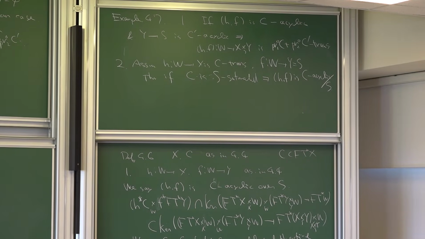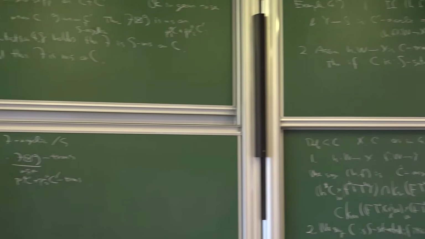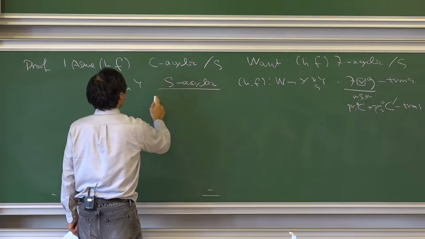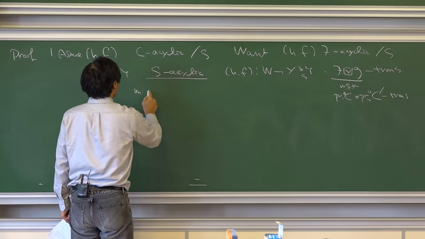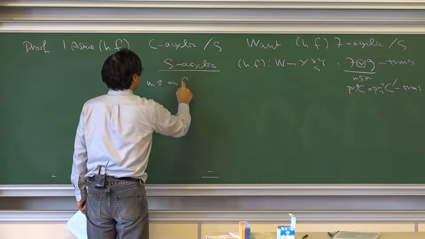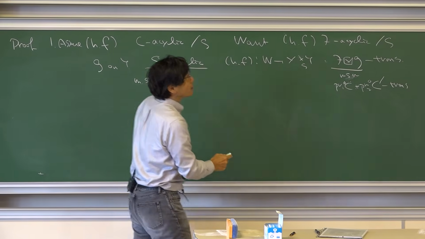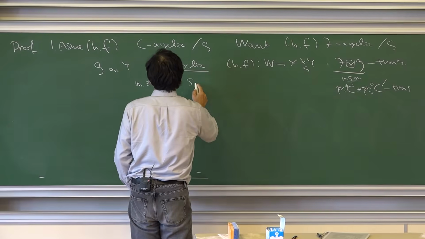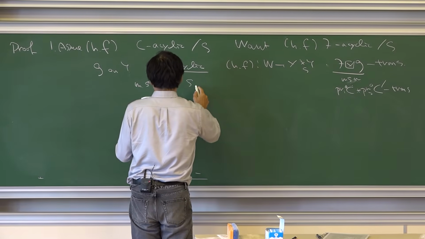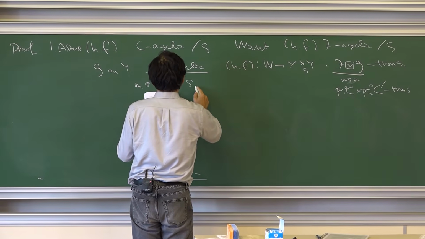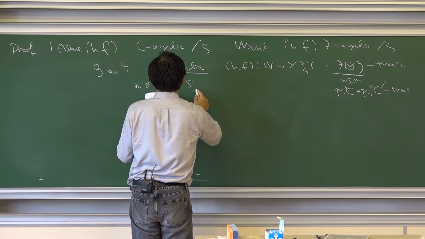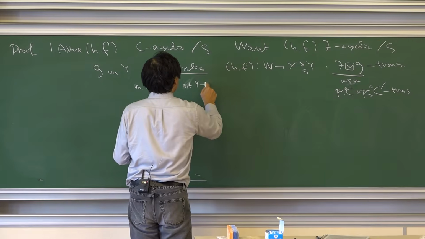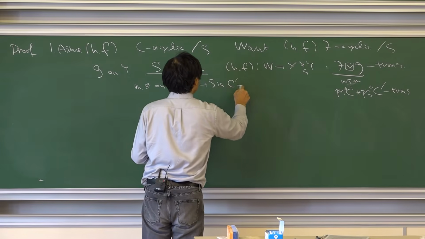Sorry, this is C prime, and so S-acyclic means that this is micro-supported on C prime, which is such that Y to S is C prime acyclic.